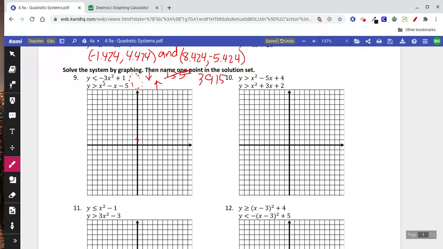So basically what we would do is go down 3, 1, 2, 3, and over. And if we had room, we'd go down 9, but I don't really care to do that. So let's just draw a dotted parabola. And we know we're going to shade down from there, but let's hold off on that and do the other one.